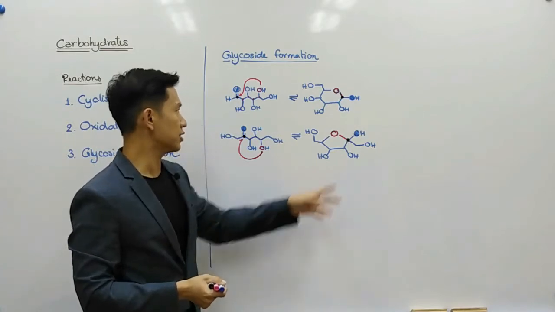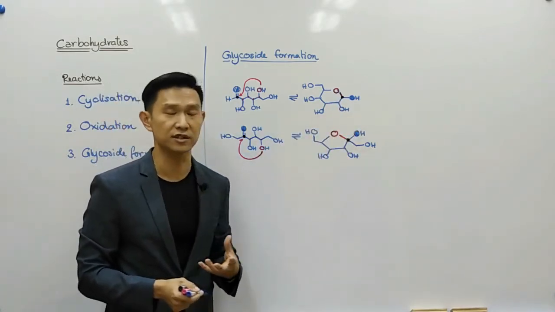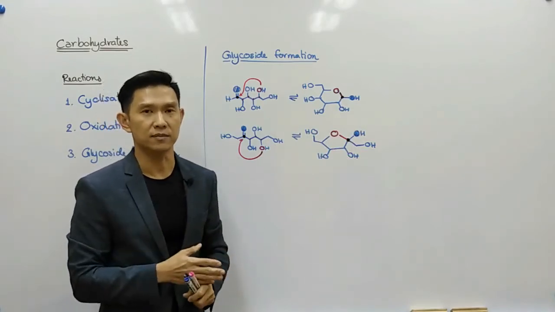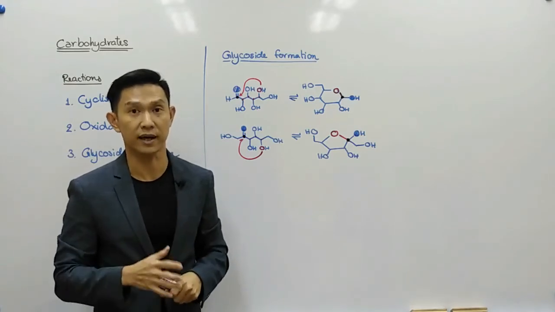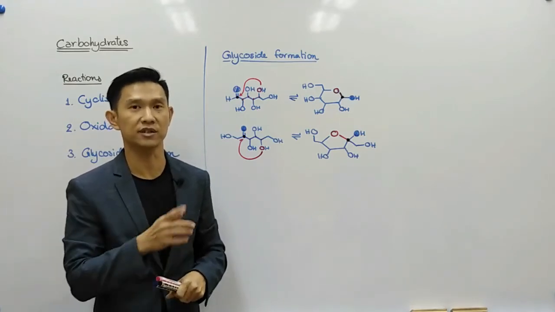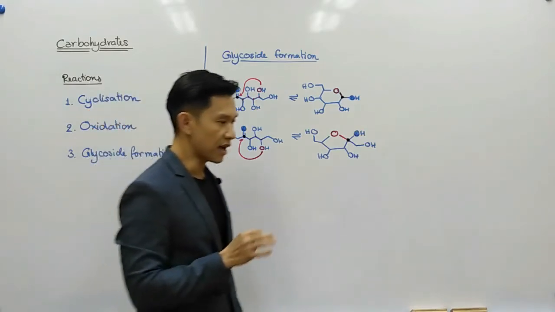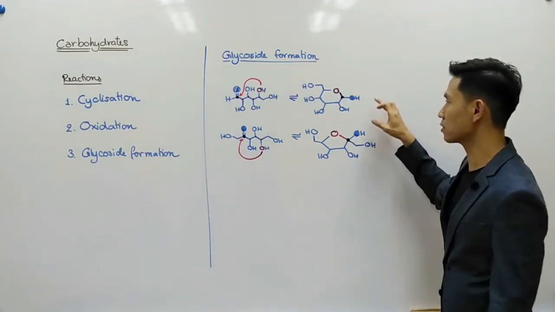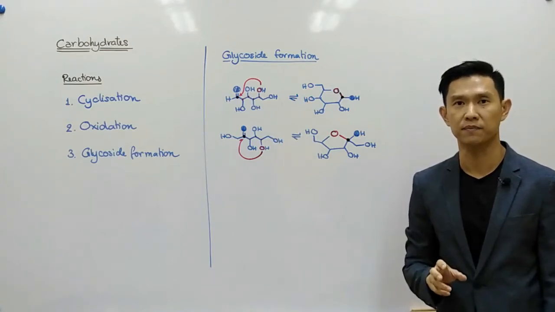But why is this the most active functionality in the structure? There are reasons behind it, but you have to study the organic chemical reaction mechanism first in the second year, sophomore. So for now, you may just have to remember that the OH that previously appeared as the carbonyl is the most reactive one.